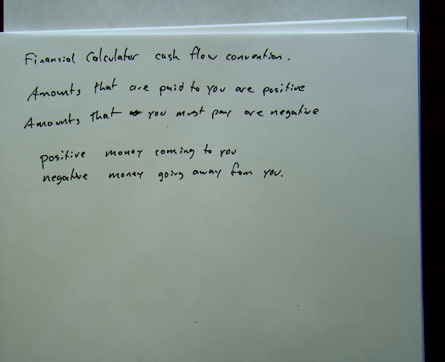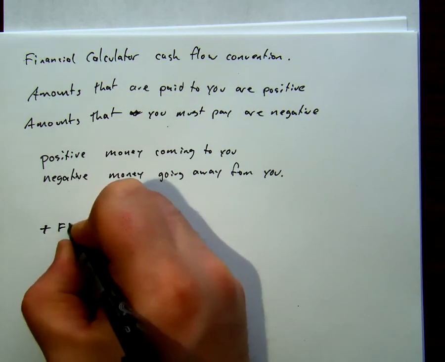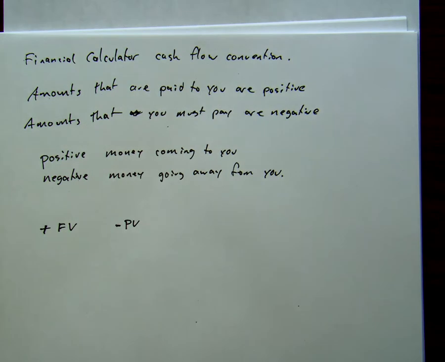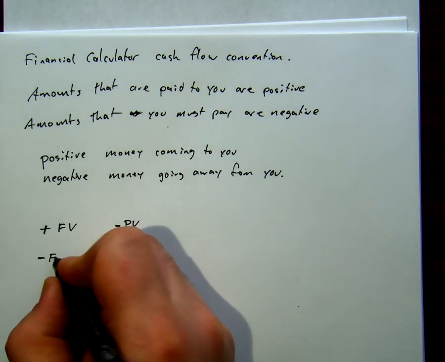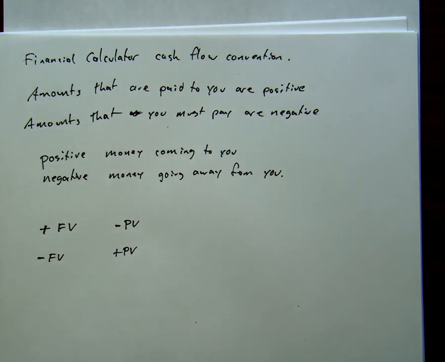So in our cash flow convention, in our last example, if we had a positive future value, that meant a negative present value. Also, if we had a negative future value, it meant a positive present value.